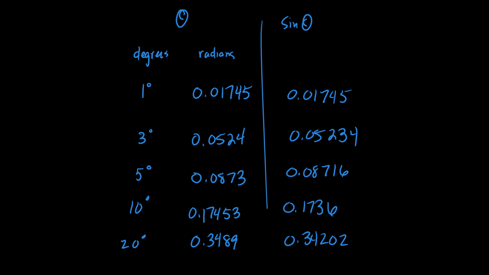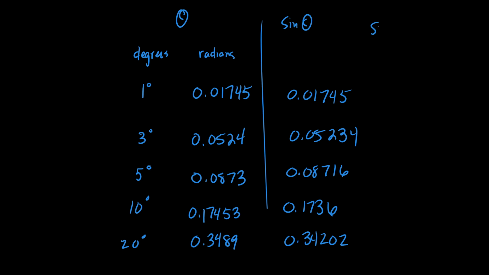Does your chart match my chart? The first thing I want to say to you is, do you notice that when the angle is small, you can't tell the difference between the angle in radians and the sine of the angle? You guys see that? And as the angle gets bigger, they start to get further apart. But even up to 20 degrees, they're pretty close. Other people notice this.